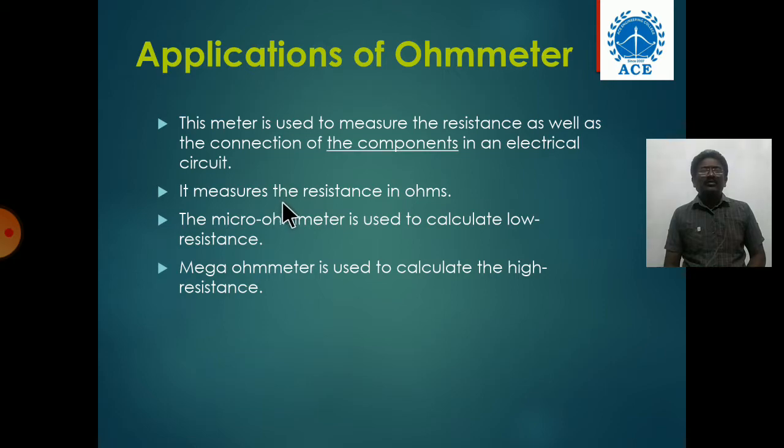The micro ohmmeter is used to calculate low resistance. Mega ohmmeter is used to calculate the high resistances. Additionally, with the help of ohmmeter, you can check continuity of the circuit. So these are the applications of ohmmeter.